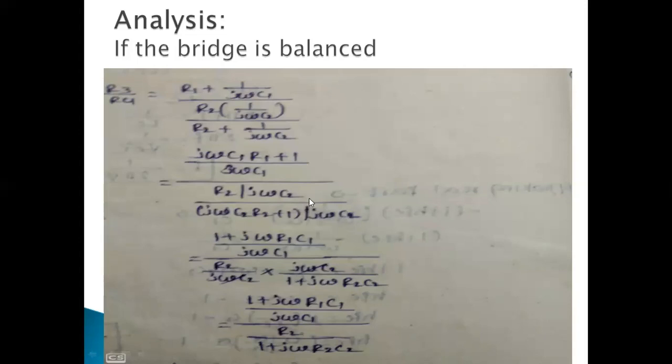So j omega C2 will be cancelled here, and we have 1 plus j omega R1 C1 by j omega C1, divided by R2 by 1 plus j omega R2 C2. Okay. So here we are just simplifying the equation.